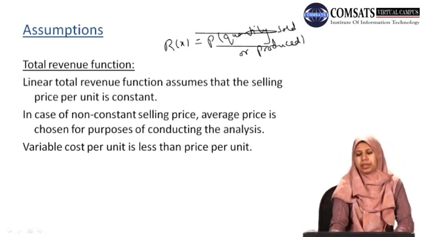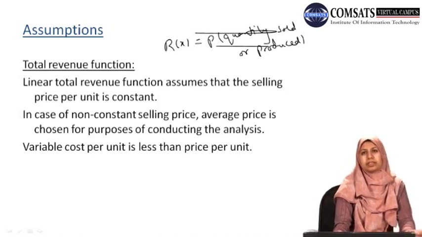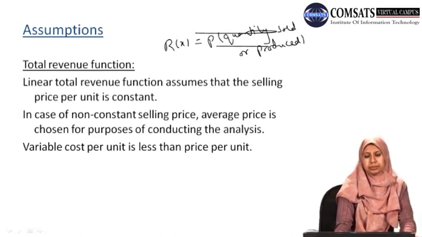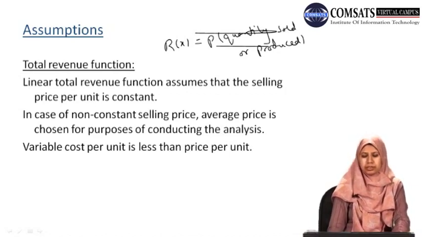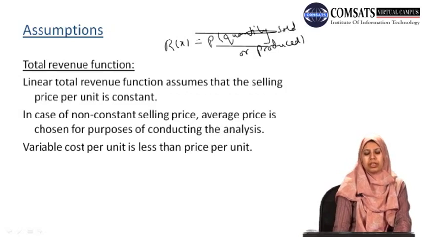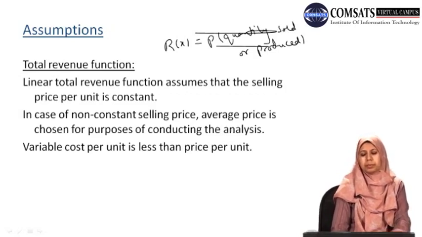And we are assuming that the selling price per unit is constant. In case of non-constant selling price, average price is chosen for purposes of conducting the analysis. Variable cost per unit is less than the price per unit.